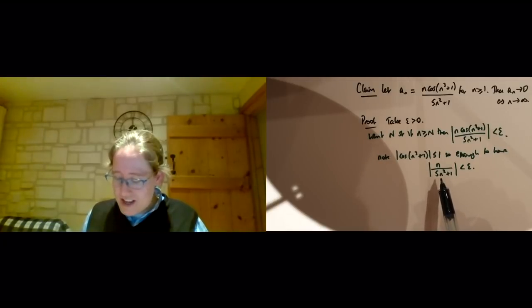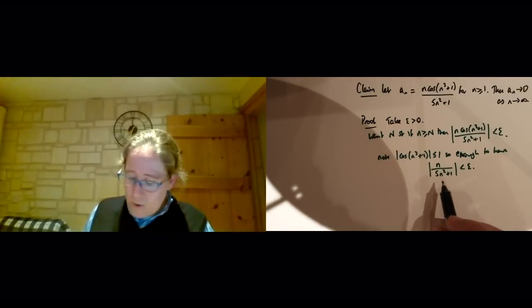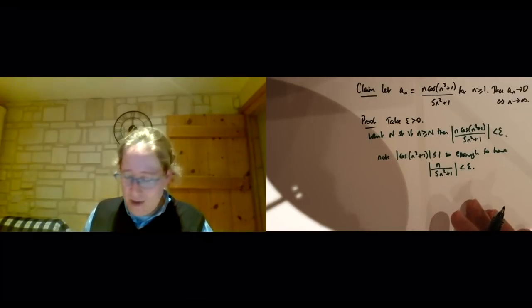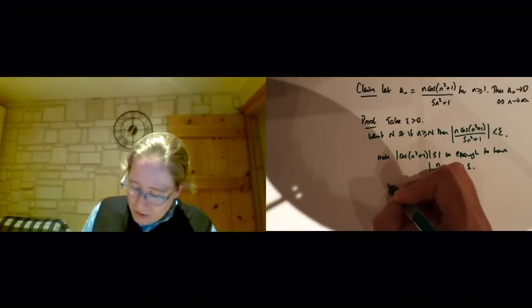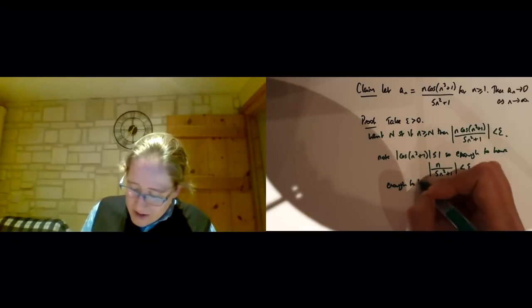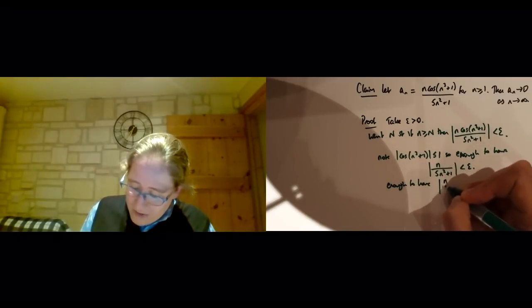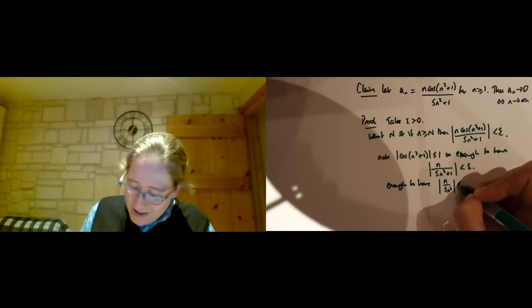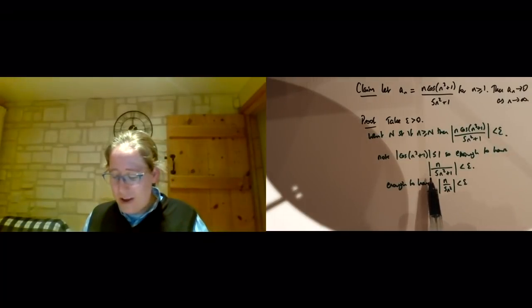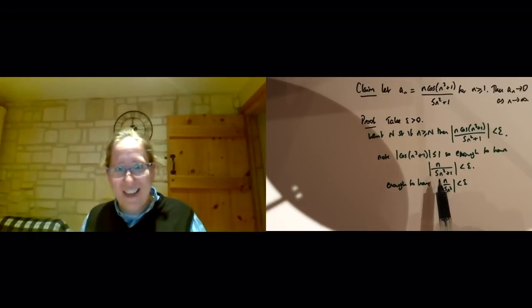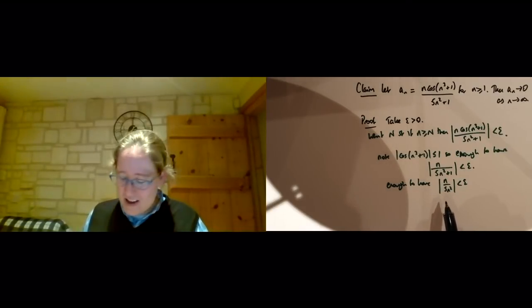Buoyed by my success, I'm thinking we could do something similar. In 5n^2 + 1, we could throw away the plus 1 as well. So it's going to be enough to have n over 5n^2 less than epsilon, because n over 5n^2 + 1 is less than n over 5n^2.